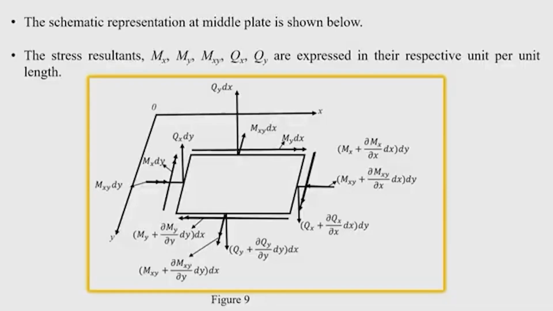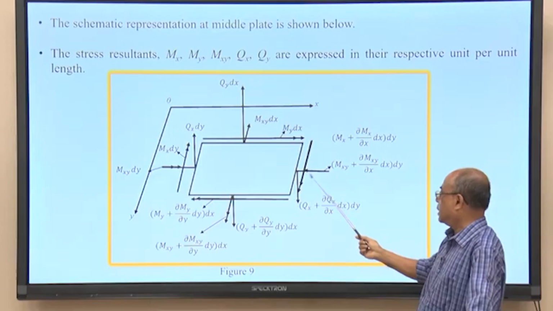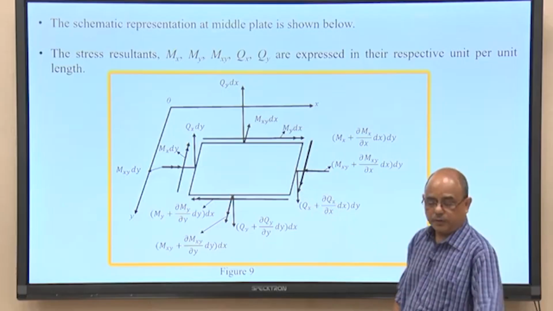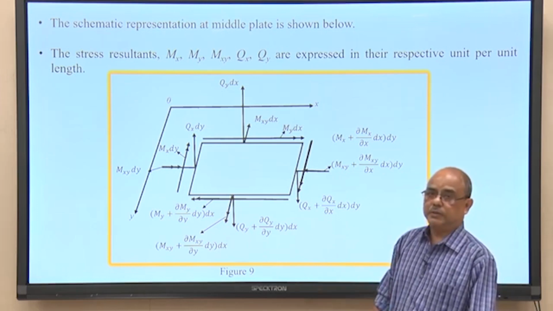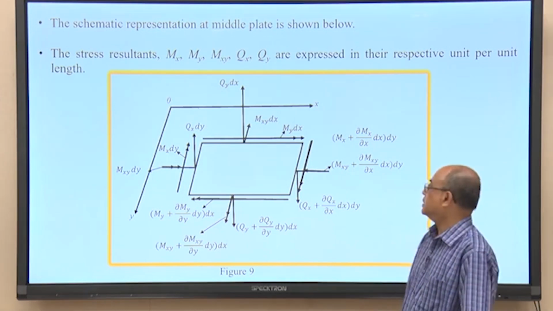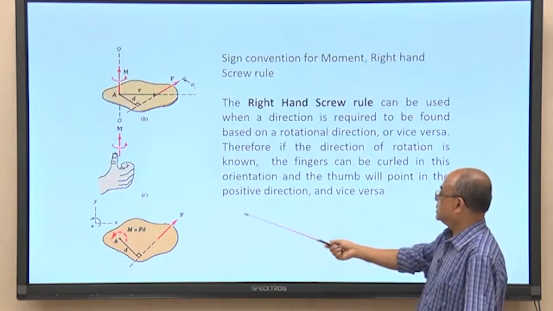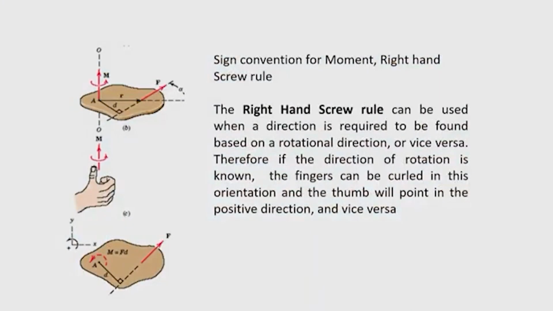Now, in the middle plane it is very convenient to show the moment by a double arrow. The meaning of the double arrow in expressing the moment can be understood by the simple right hand screw rule.